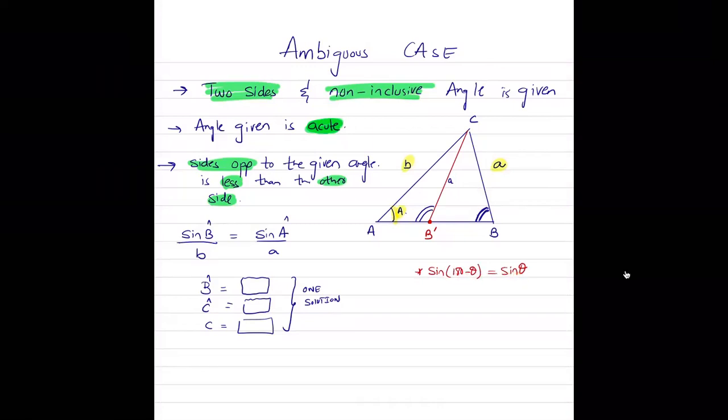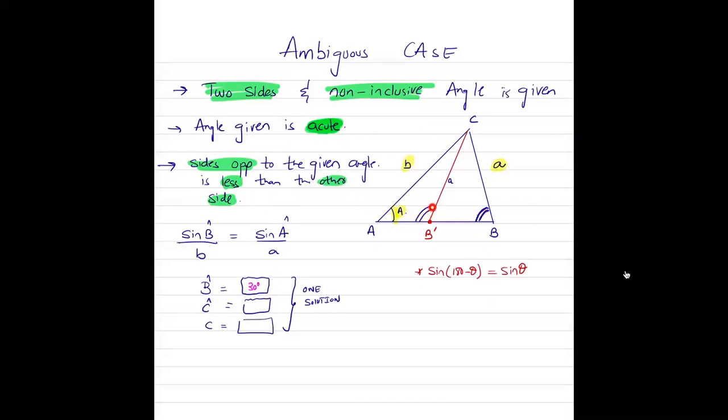Now, for example, let's take theta as 30 degrees. Let's say we solved from here and angle B comes out to be 30 degrees.